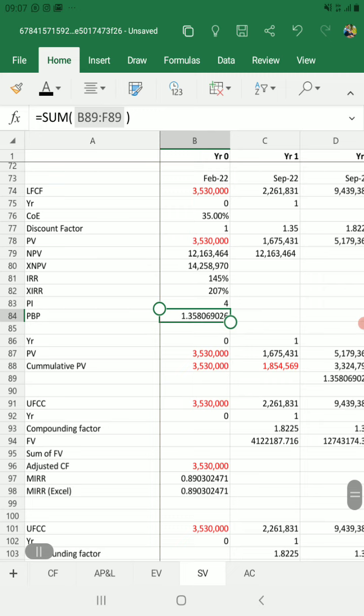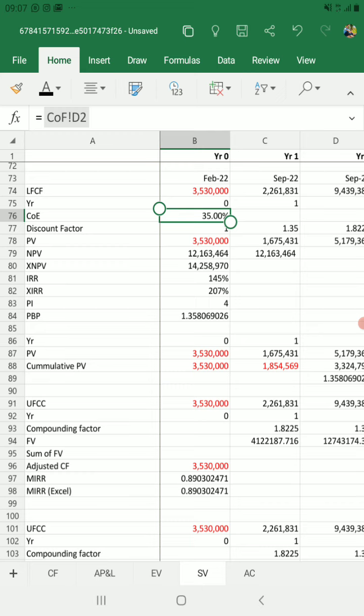This one is reasonable, taking into consideration the riskiness of the business. Having an IRR of 145 compared to a cost of equity of 35 is reasonable. Even the profitability index is 4 times now, down from 9.